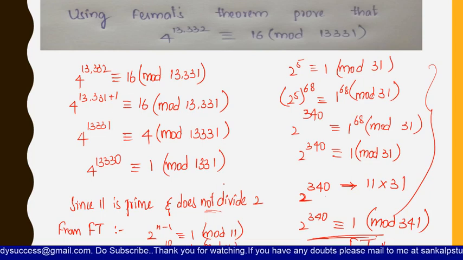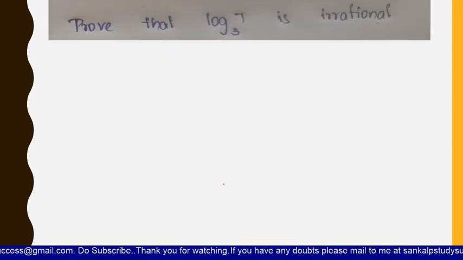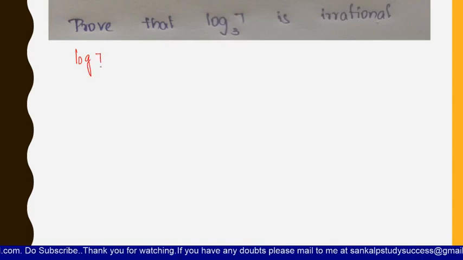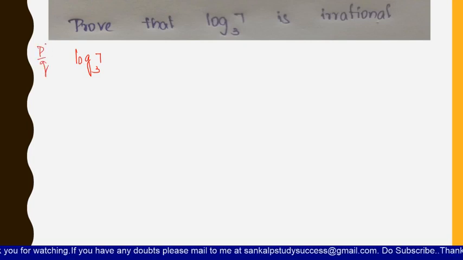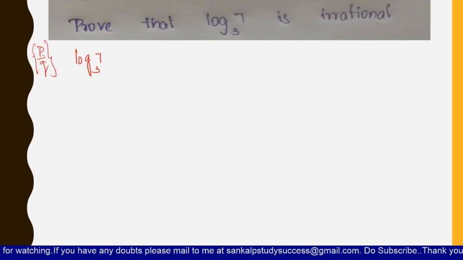So now let us solve one more question, which is prove that log 7 base 3 is irrational. Given number is log 7 to the base 3. How do you prove that it is an irrational number? First of all, what is a rational number and irrational number? Rational, it is in the form of p by q, and irrational, it is not in the form of p by q, right?